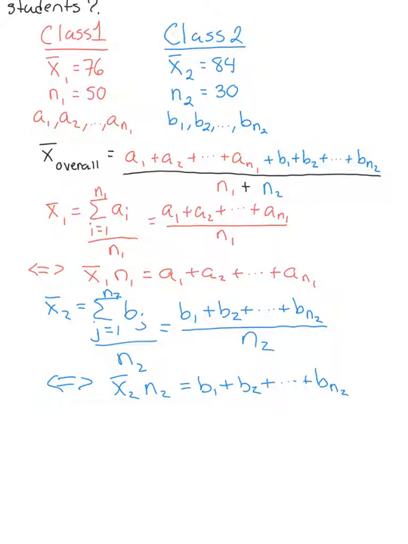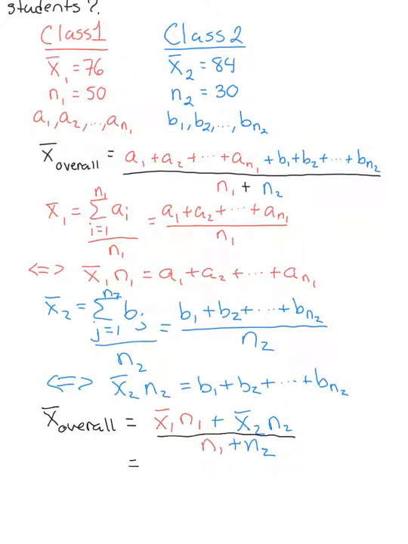Going back to our original equation, we have x bar overall is equal to x1 bar times n1 plus x2 bar times n2, all divided by n1 plus n2. And here we're given all of the information.